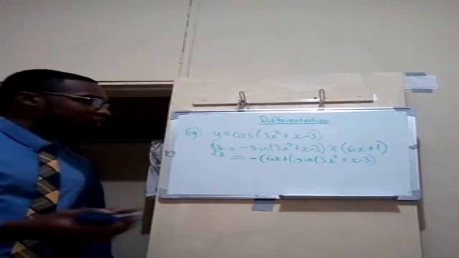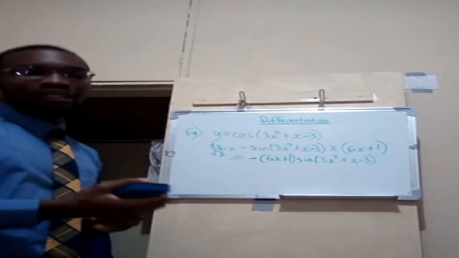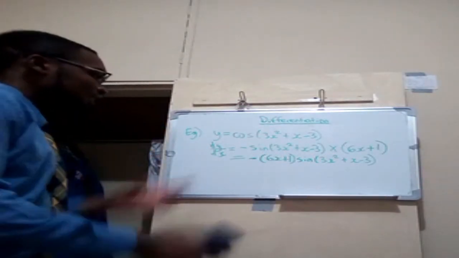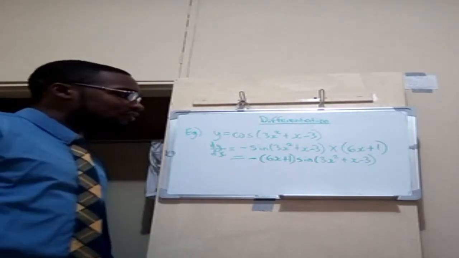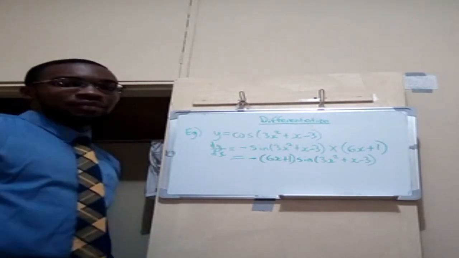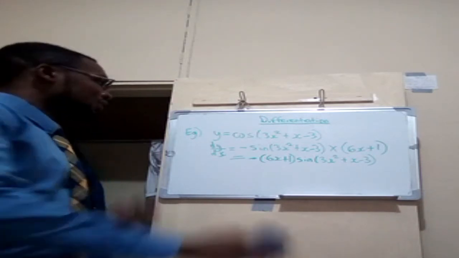That's how we differentiate a cosine function.